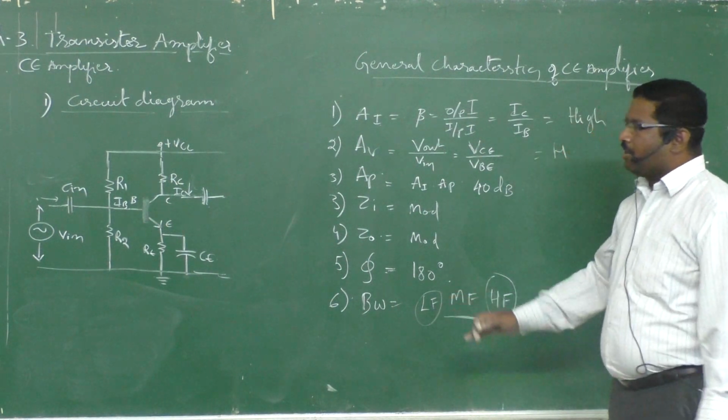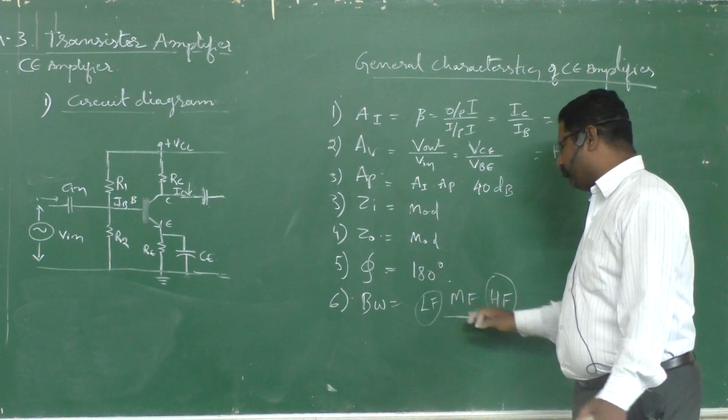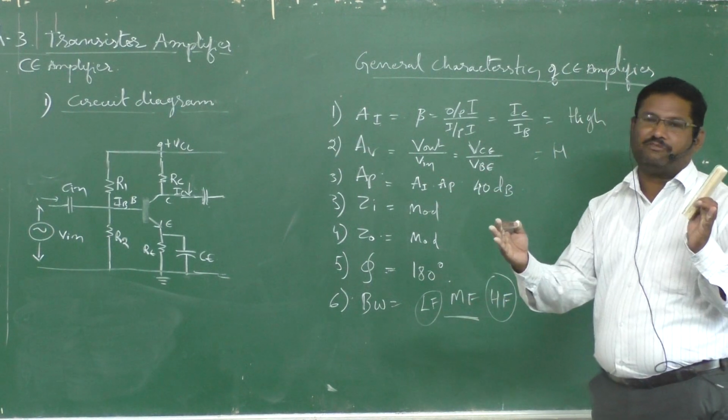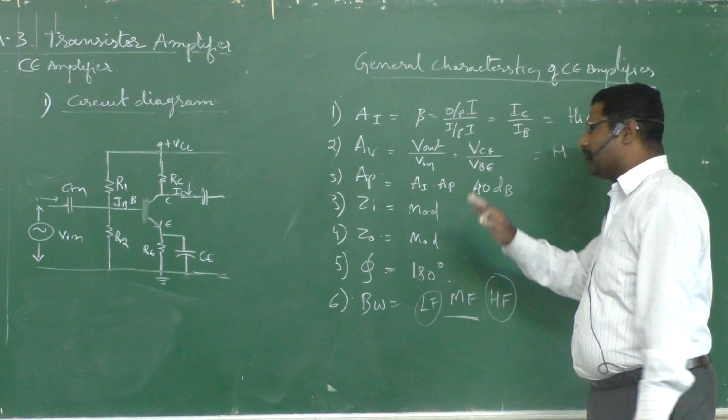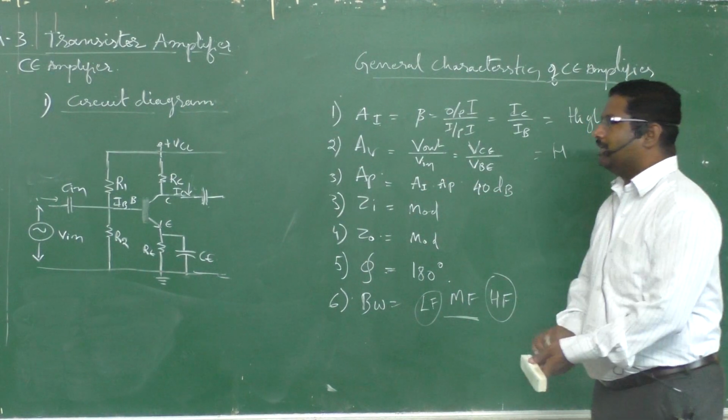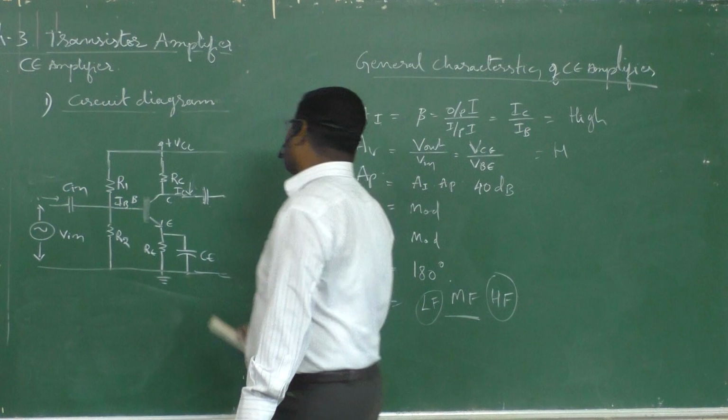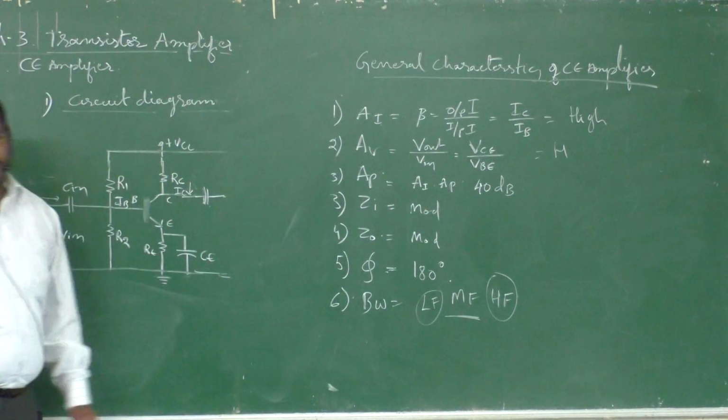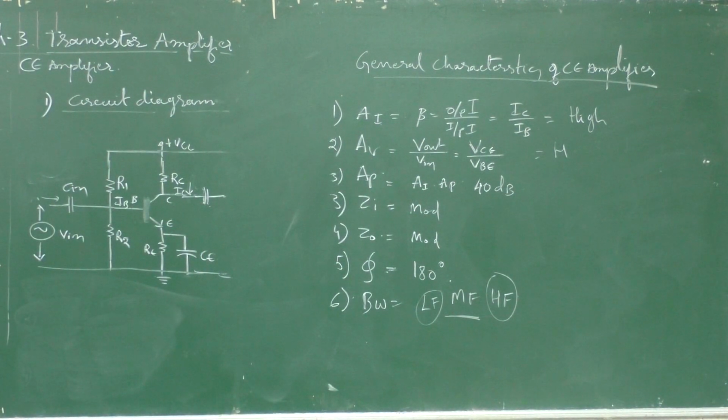So it is good for a given set of range of frequencies. For that given set, only mid frequency is allowed in this configuration. So these are the general characteristics, that is 6 general characteristics when we come across any transistor amplifier configuration.